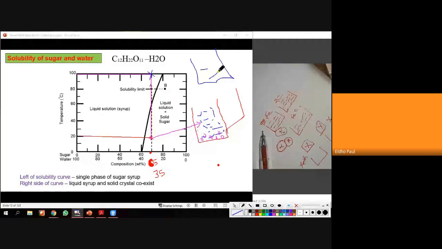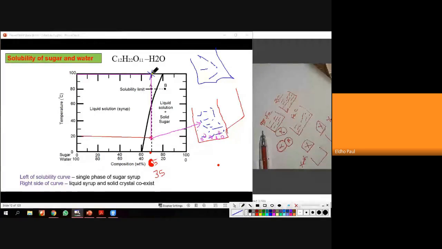We can see this point is in the liquid solution region. It is completely soluble, and syrup is formed. That means the sugar particles present at this point are completely dissolved into the remaining liquid and form a full liquid region. That is this point.